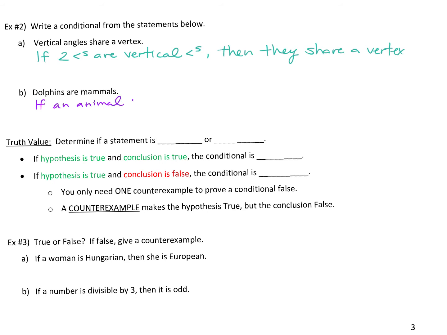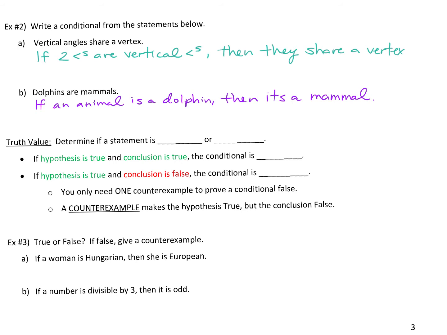If an animal is a dolphin, then it's a mammal. Could you write that the other way? If an animal's a mammal, then it's a dolphin? No. Nope, doesn't work, right? So make sure what you're writing makes sense with what we're doing.